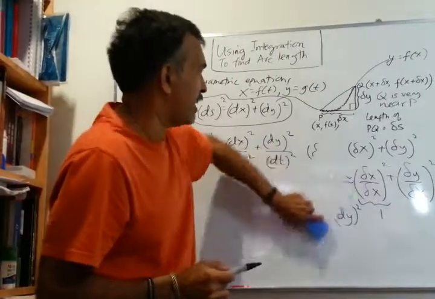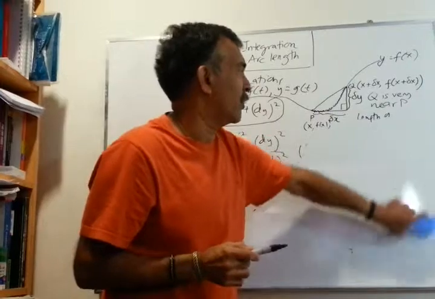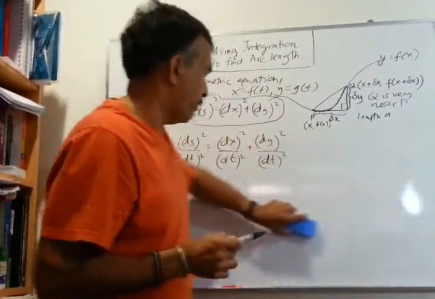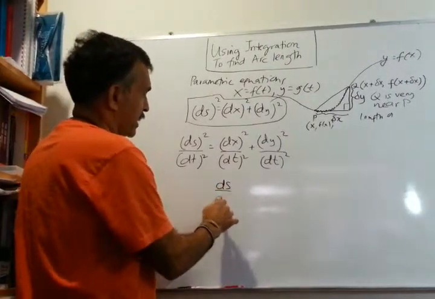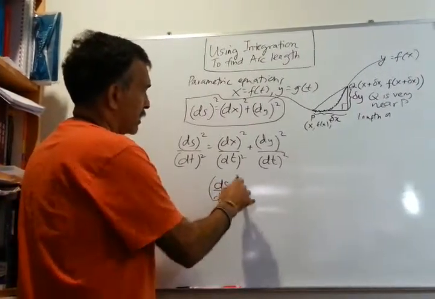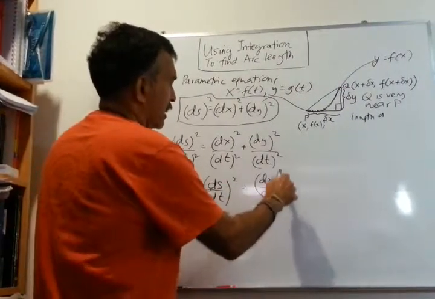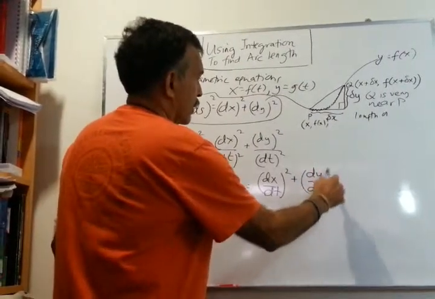So now we can write down another formula for the arc length if the equation of the curve is given in parametric form. So now we have (ds/dt) whole thing squared equals (dx/dt) whole thing squared plus (dy/dt) whole thing squared.